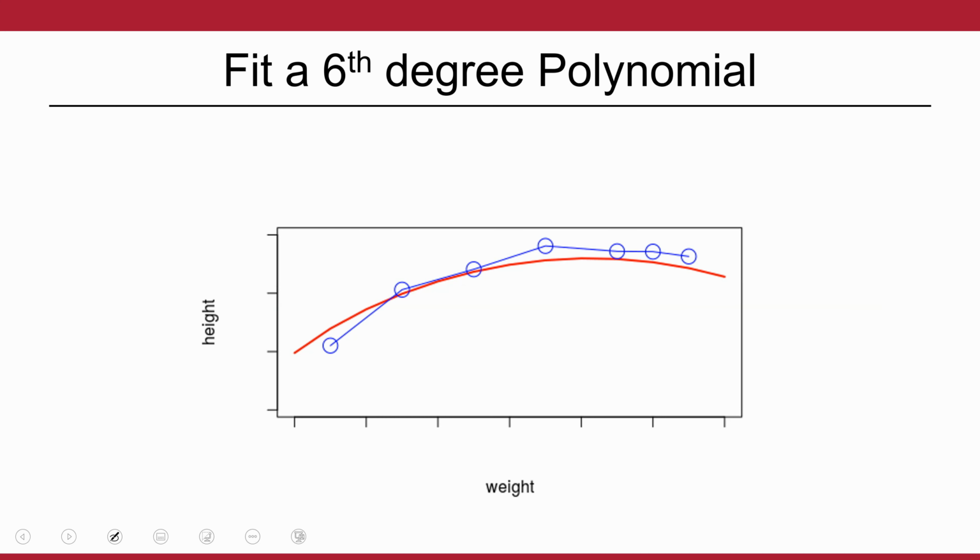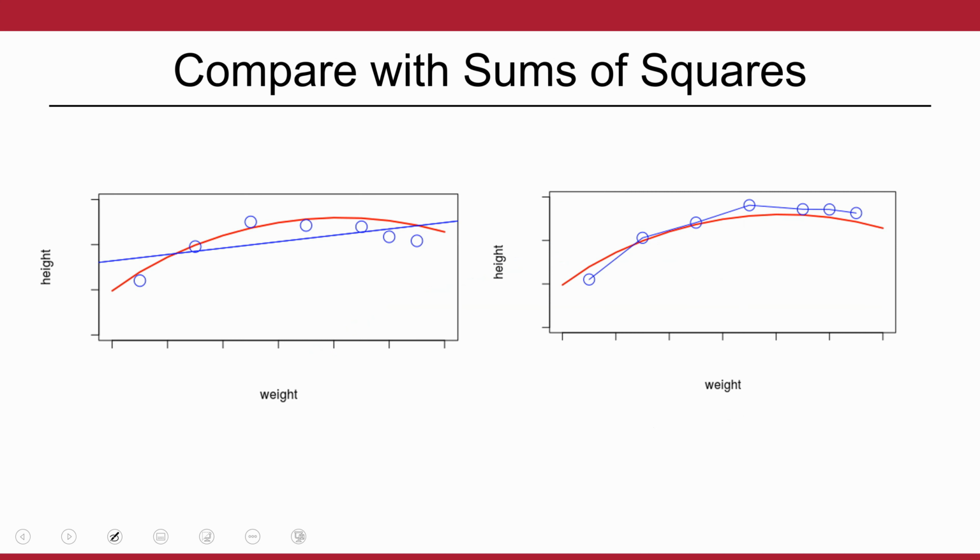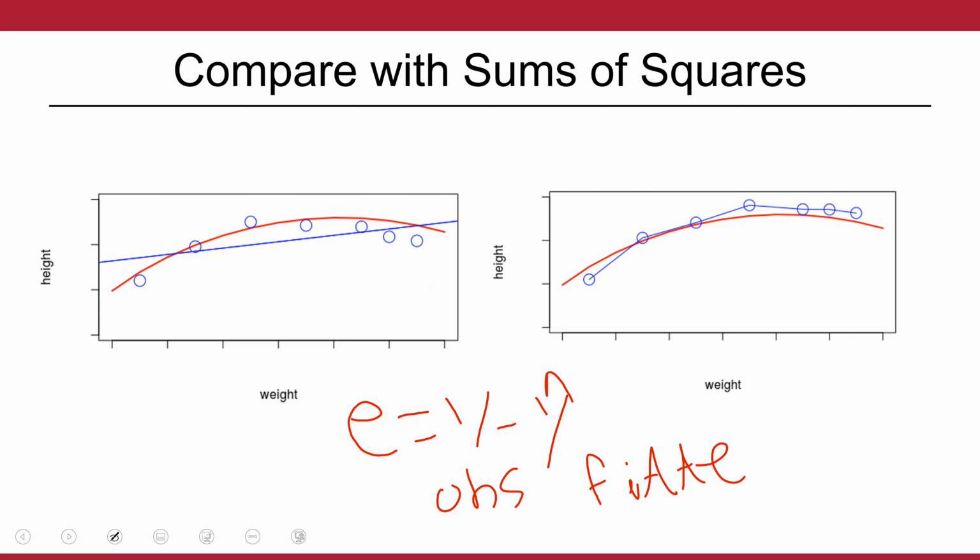And we can compare how well the straight line and the squiggly line fit the data by calculating their sums of squares of residuals. Now, if you remember, the residual is y minus y hat, and that's the observed value, and this is what we call the fitted value. And over here, it's an exact fit. All the residuals are going to be 0, and over here, it's not exact.